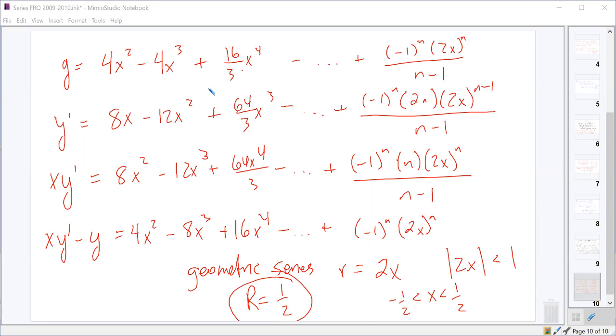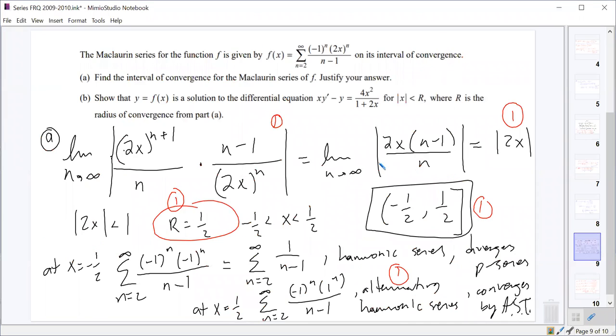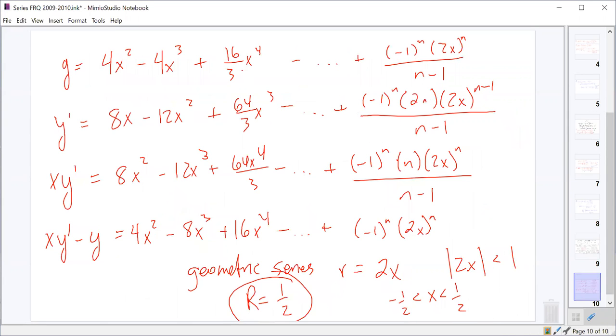Because the right side said 4x squared over 1 plus 2x. Yeah, that is correct, yes. This xy prime minus y equals 4x squared over 1 plus 2x. I guess we should have shown that. I didn't really show that at the end there. I forgot to show that.